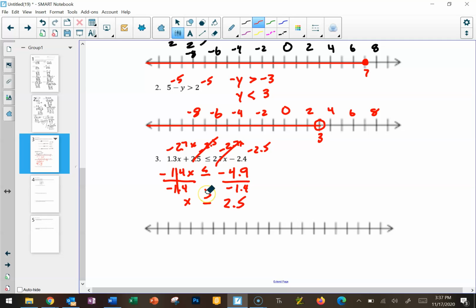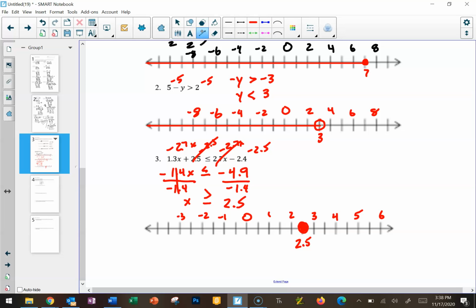And we're going greater than or equal to this time. So let's put 0 here. And this will be, let's make this 1, 2, 3, 4, 5, 6, 1, 2, 3. So let's start at 2.5, and it includes 2.5, so that would be right here. And because it includes 2.5, I'm going to put a dot, then I'm going to draw my line.